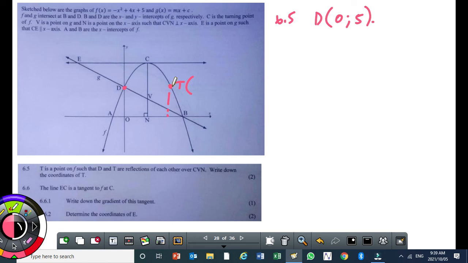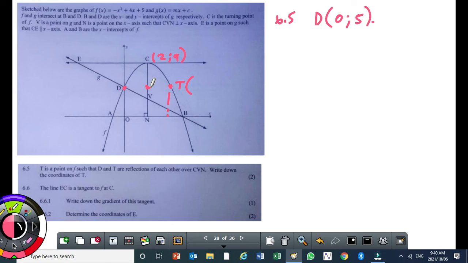Since Y is not going to change, but the X value is going to change, we need to be aware of the distance as well. Remember, we got our X value at the line of symmetry: X is 2 here, Y is 9.